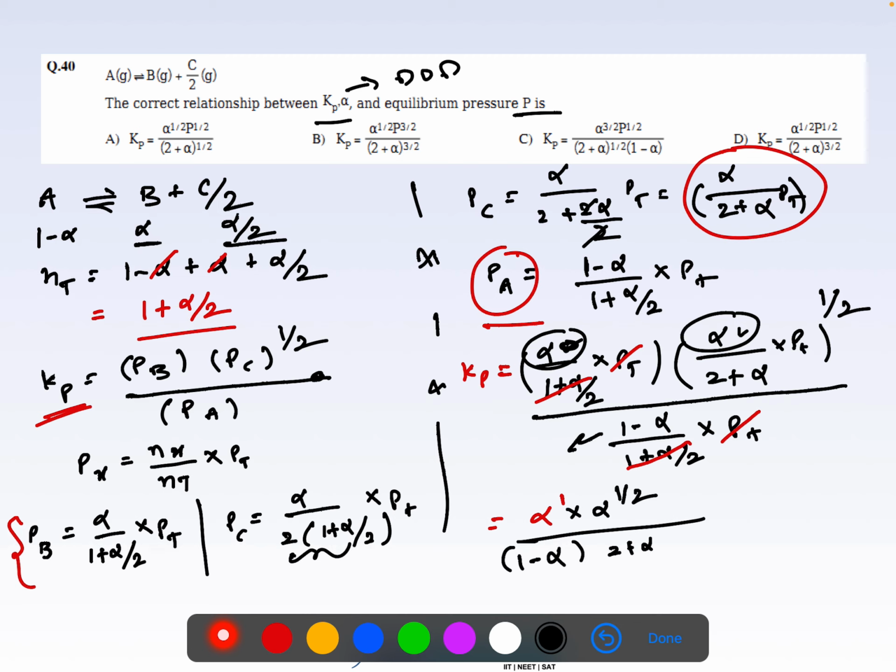So this 2 plus alpha is to the power of, and there is a P power of also. So this will become alpha 3 by 2 P power of, divided by 1 minus alpha into 2 plus alpha to the power 1 by 2. So the correct answer will be option C.